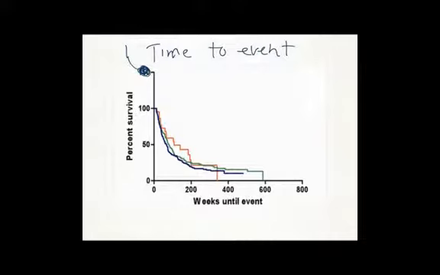But again, this shows you the different colors could represent different treatment groups, for example, and it tells you the weeks until the event. The event could be death, it could be development of first-line resistance, it could be any event that you're interested in. It shows you the weeks until the event for the different treatment groups, shown by the different colors.